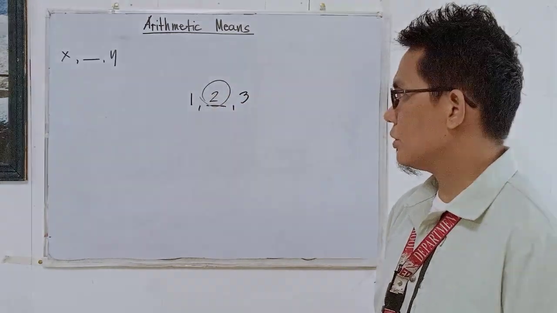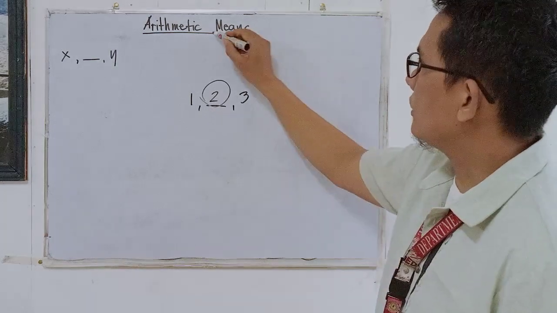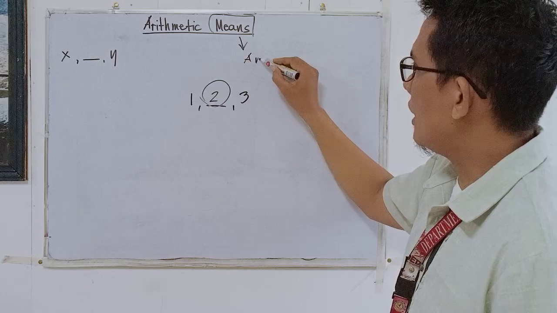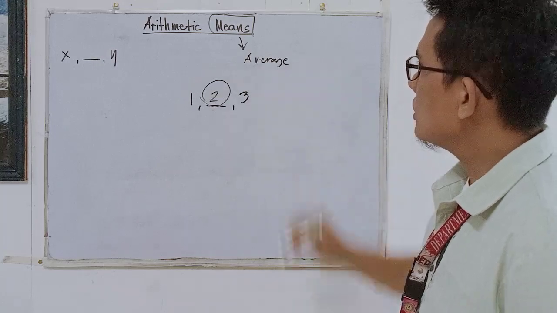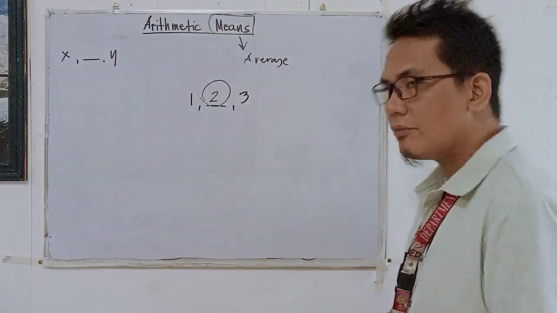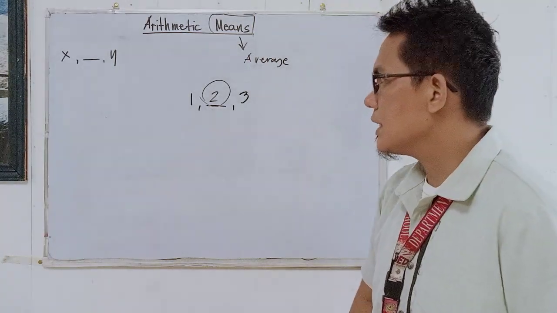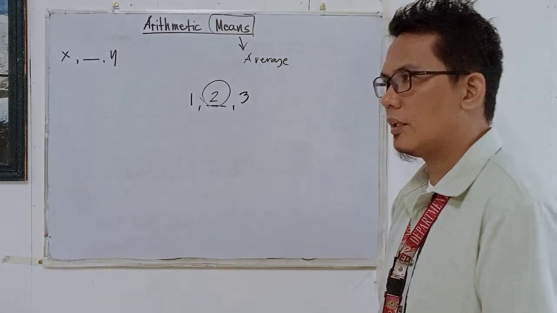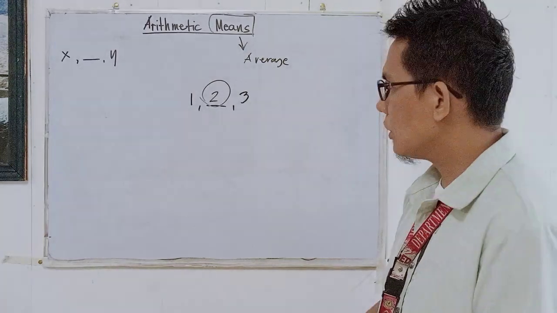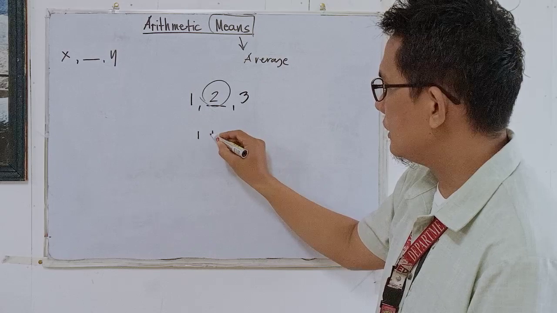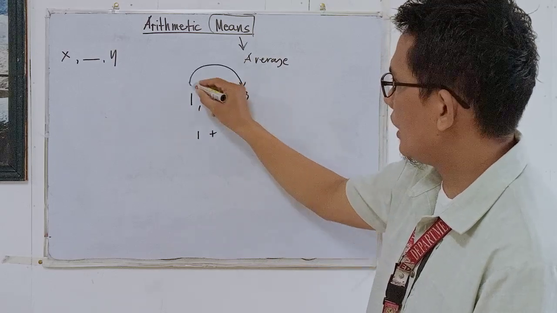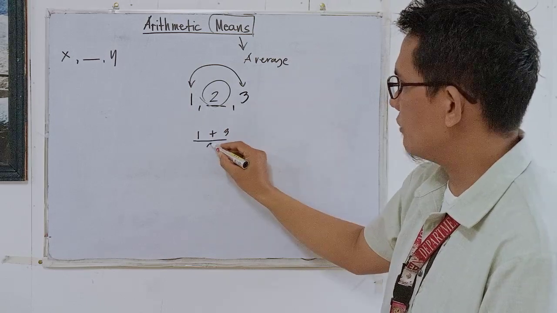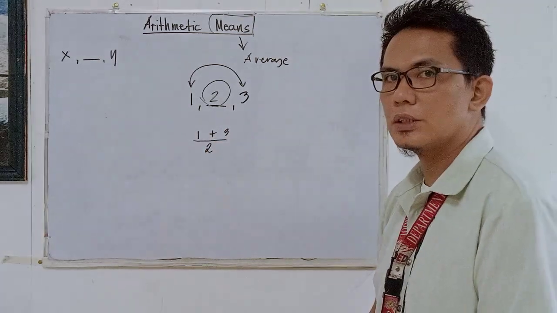Since we're talking about means here, the other term for mean is the average. So, in order for us to solve for the average of 1 and 3, since we are asked to insert an arithmetic mean between 1 and 3, what we're going to do is add the first and the last term, then to get the average, divide that by the number of addends, and that is 2.